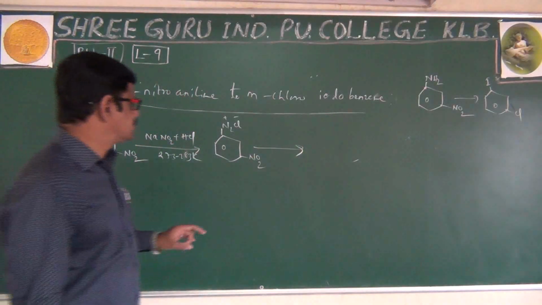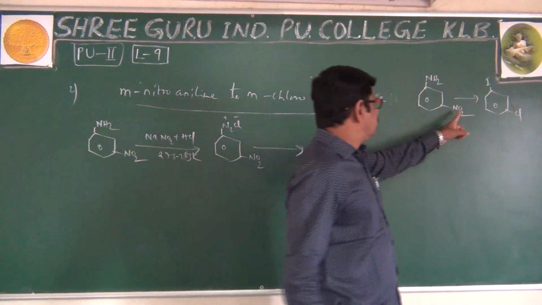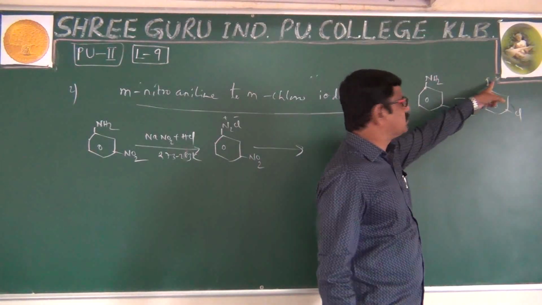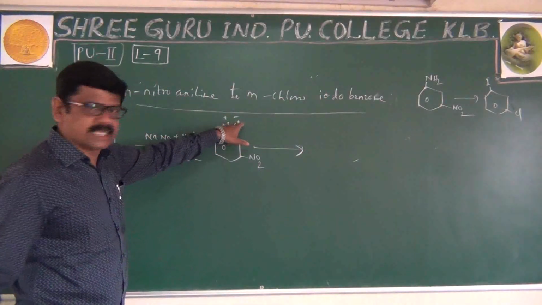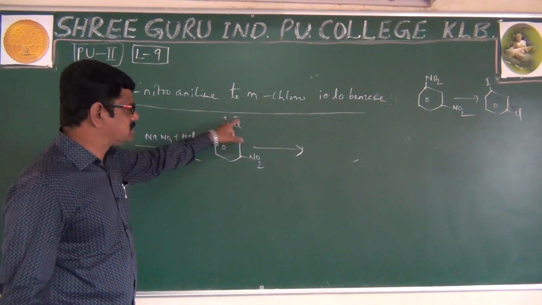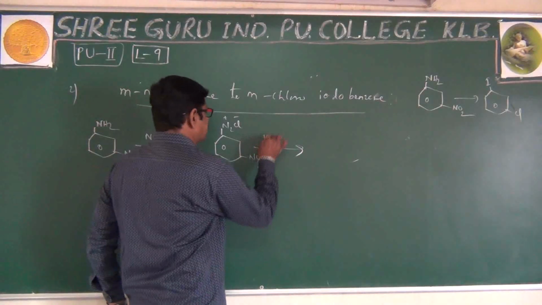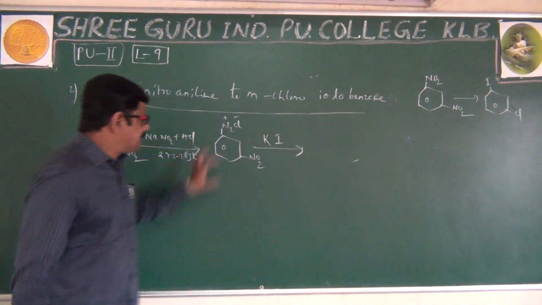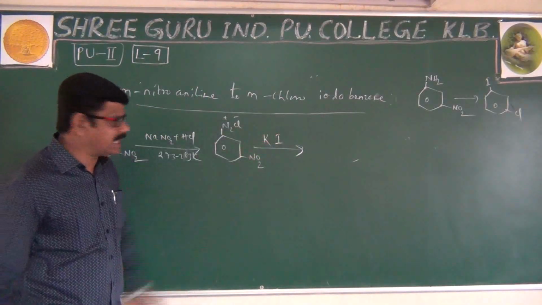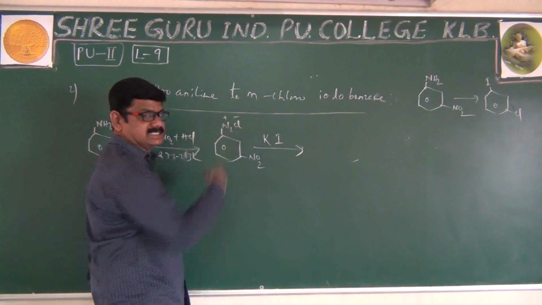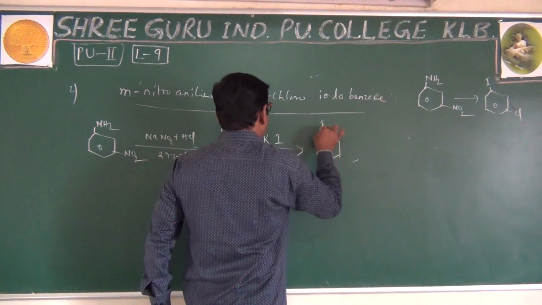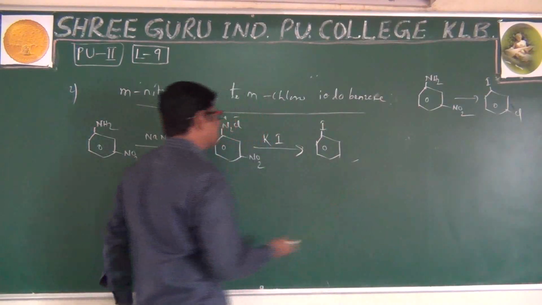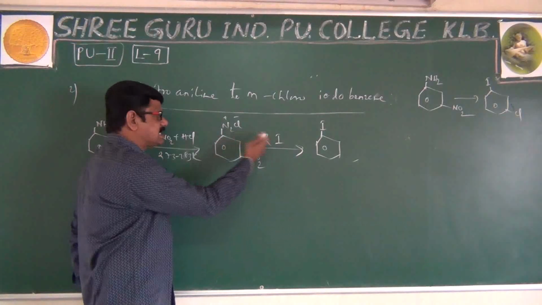Next our target is that NH2 should convert to iodine. The diazonium salt reacts with potassium iodide. Then the iodide ion replaces the diazo group. Iodine substitutes, and the byproducts are nitrogen gas as well as potassium chloride.